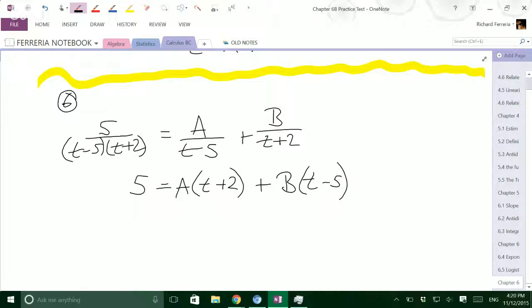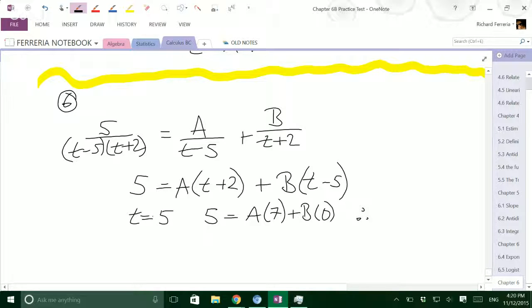We're going to pick our convenient values of t. I think the first one's 5, right? So 5 equals A times 7 plus B times 0.